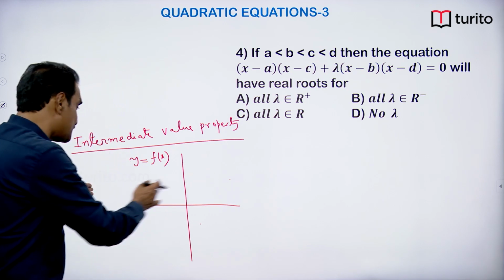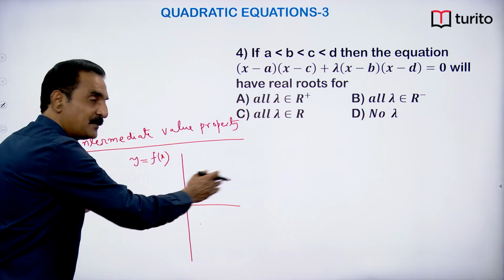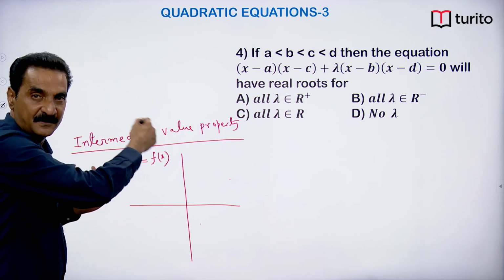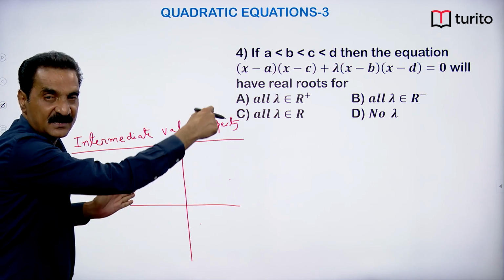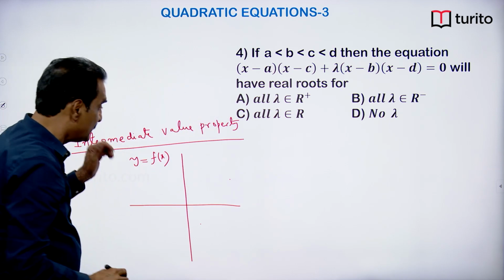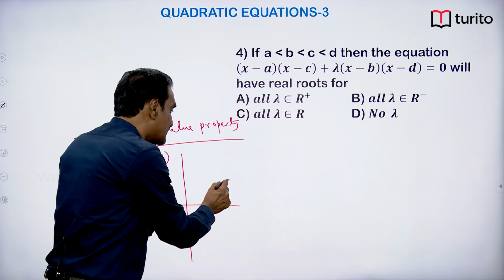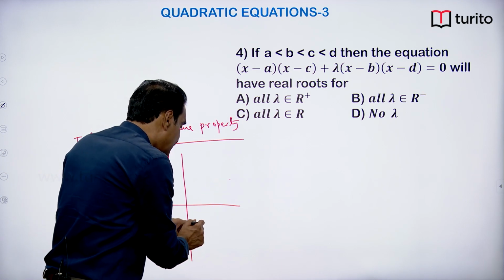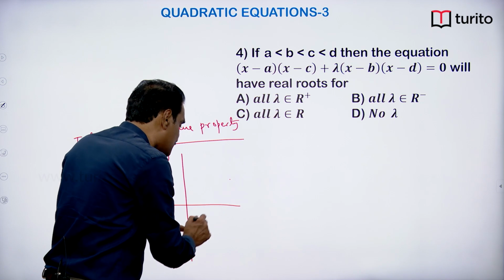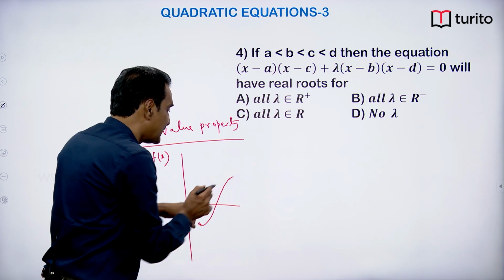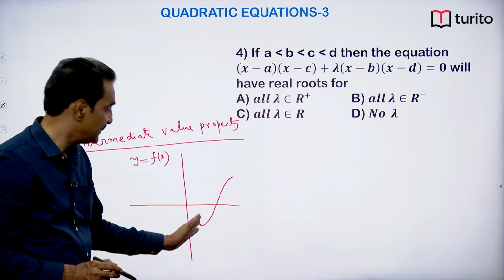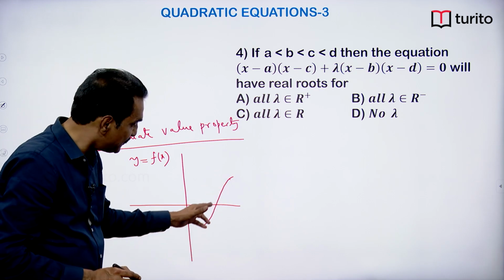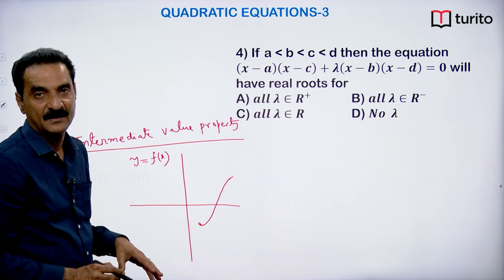And graph is continuous means from minus infinity to plus infinity, it is without any break, it is a continuous curve. So, if a point is here, another point is here, then how can the graph reach from this point to this point? It has to intersect the x-axis in between these 2 points. It may intersect once or more than once.